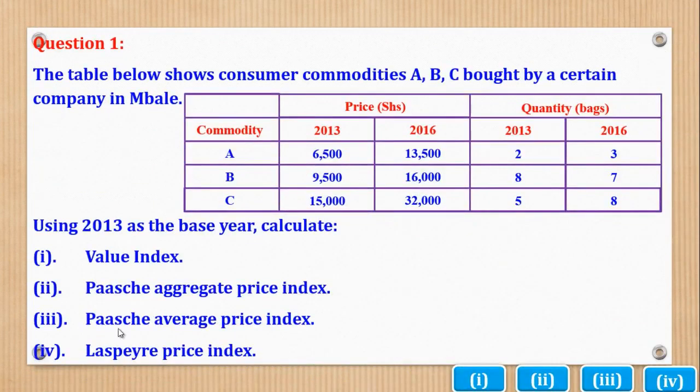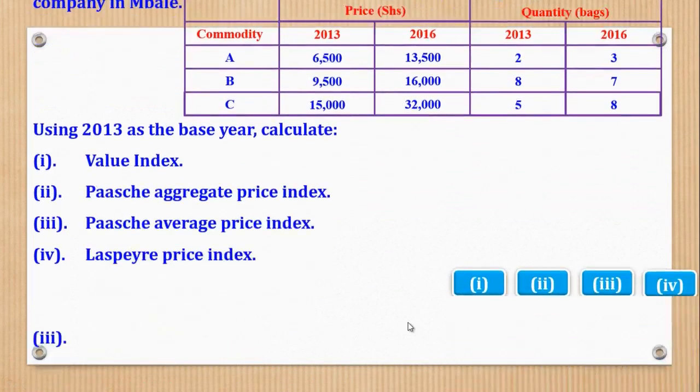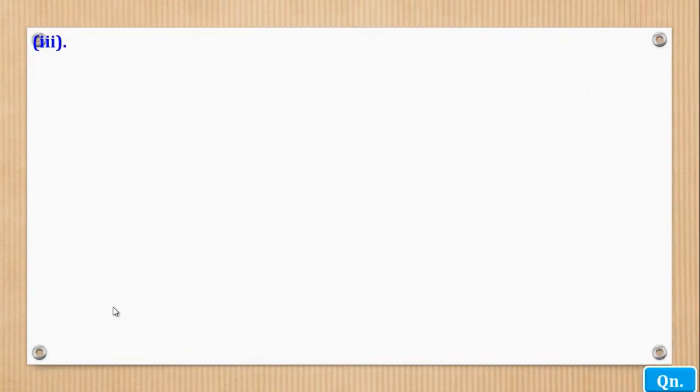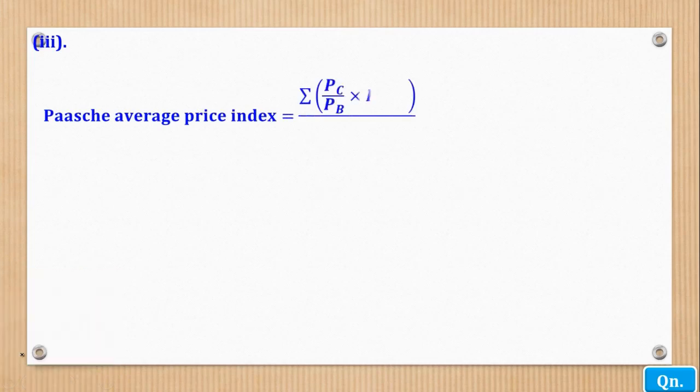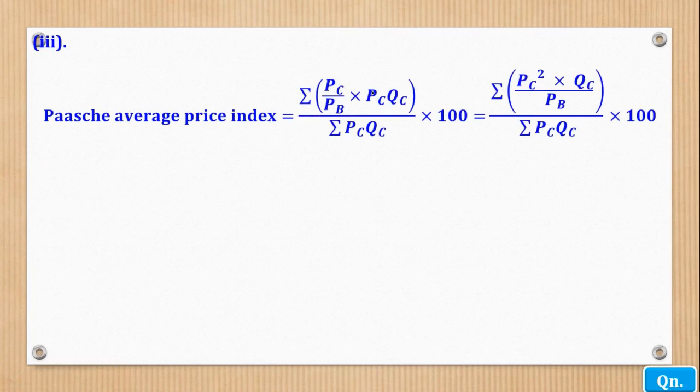What about Roman 3? They ask for the Paasche average price index. So first of all is to quote the formula. Now when you look at this formula, we have two pieces of this PC and also this PC. So when I multiply the two, I'll come up with PC squared multiplied by Q C over PB to get the numerator.